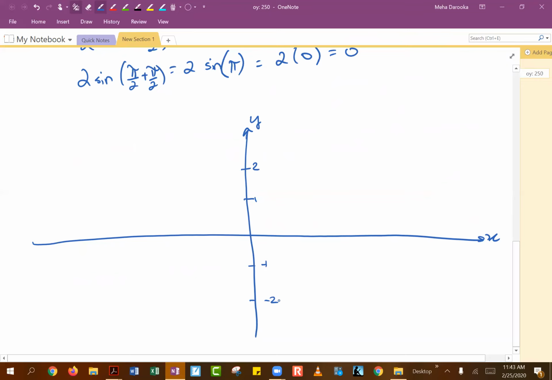And then we are going from negative pi, 0, positive pi halves, pi, 3 pi over 2, 2 pi. And if we need to do 2 full periods, let's see how far we need to go.